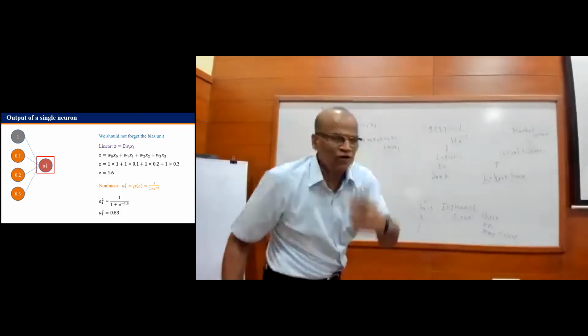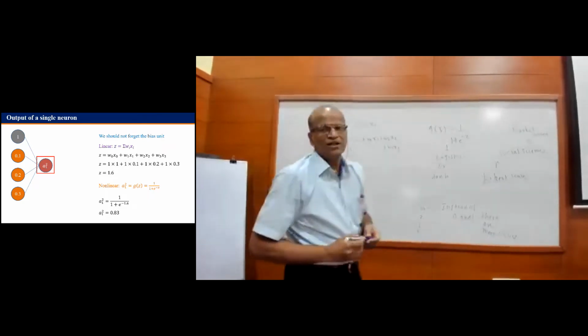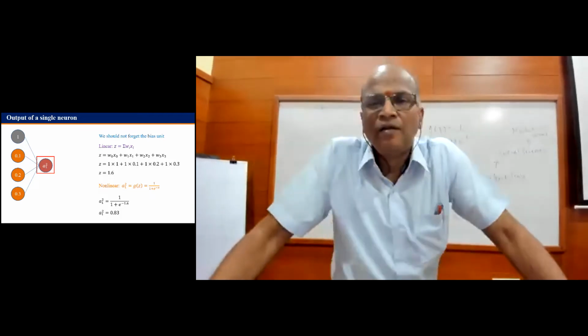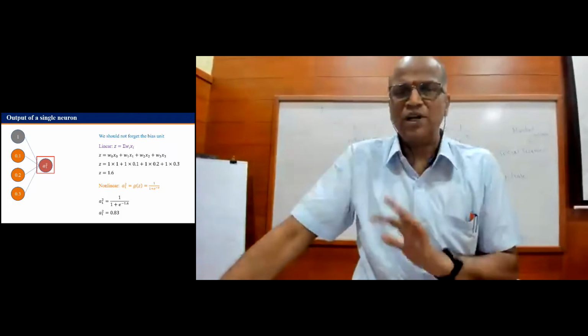Please note that the bias unit will always give 1 into 1. So you get a value of 1 into 0.1 plus 1 into 0.2 plus 1 into 0.3, which is 0.6, plus 1, so it is 1.6.